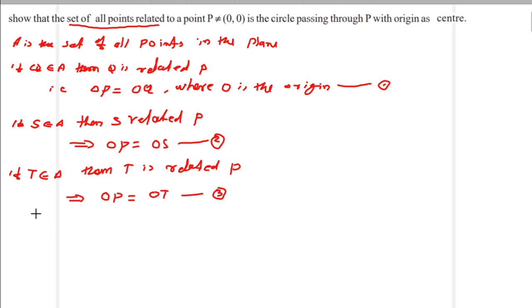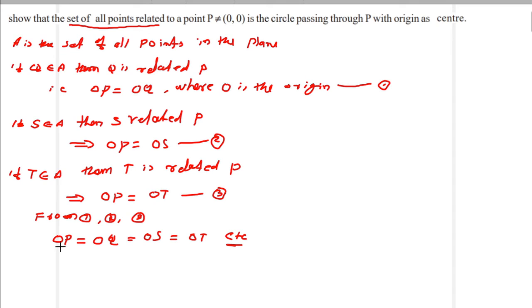From 1, 2, 3, you can write OP equal to OQ, OP equal to OS, OP equal to OT, etcetera. That means OP, OQ, OS, OT are all at an equal distance from the fixed point O.